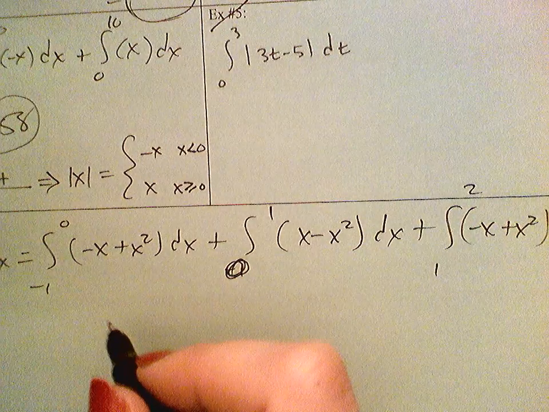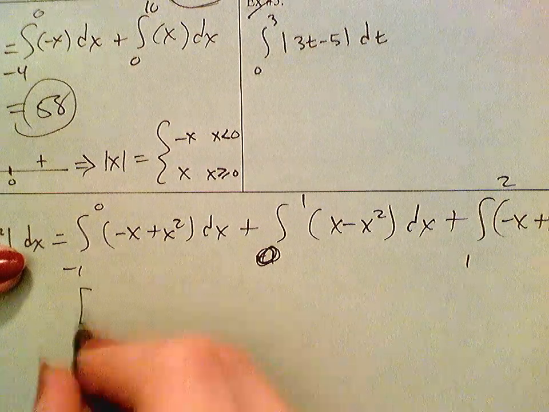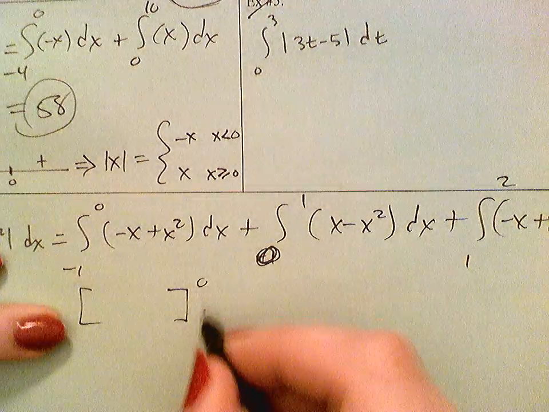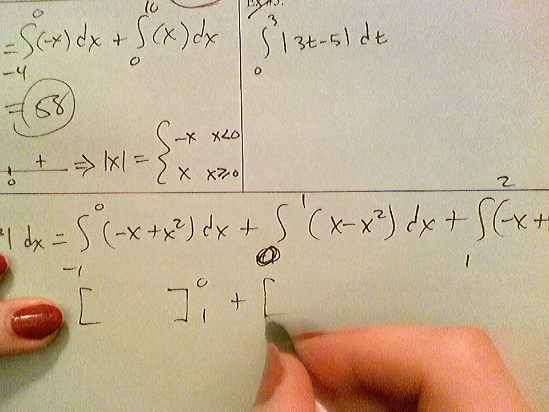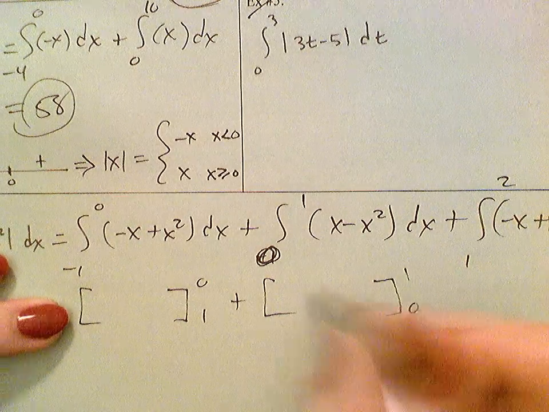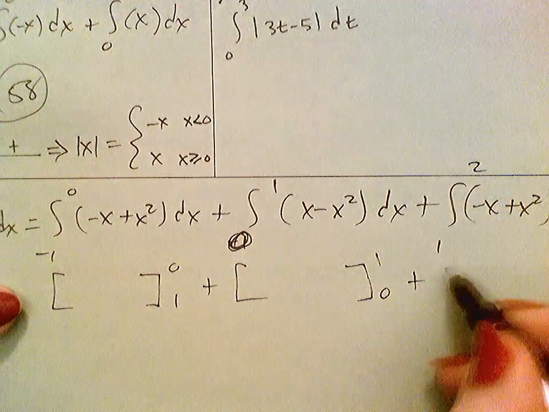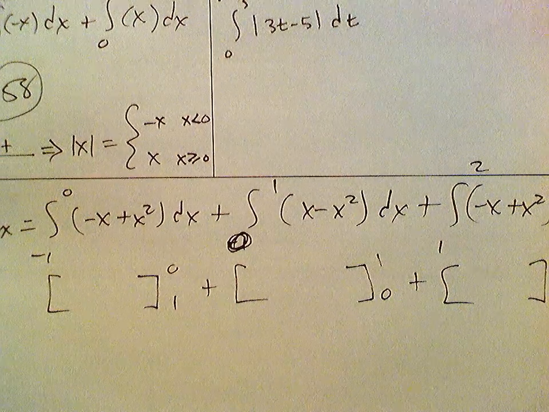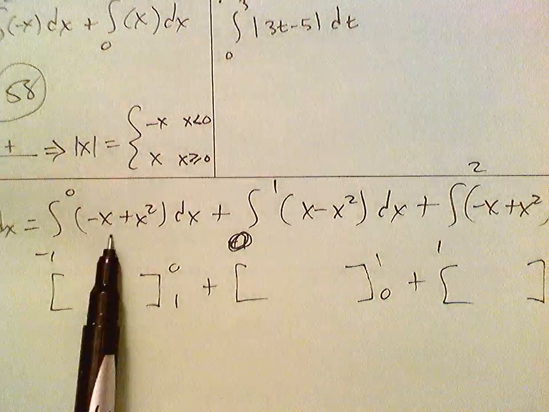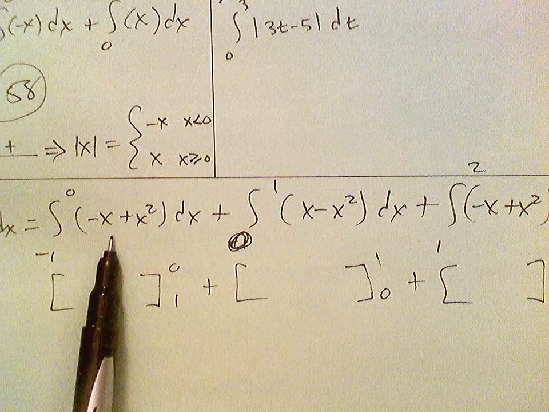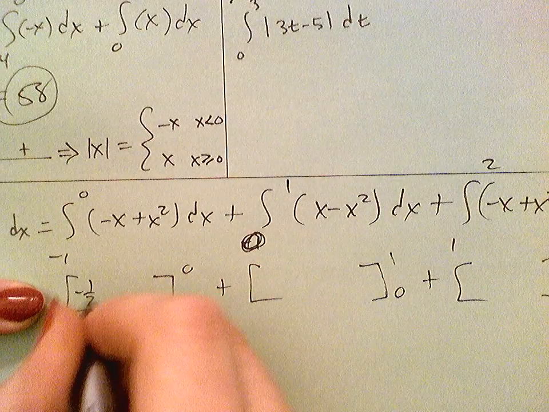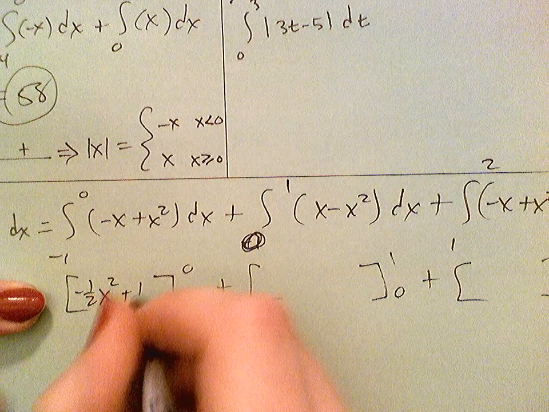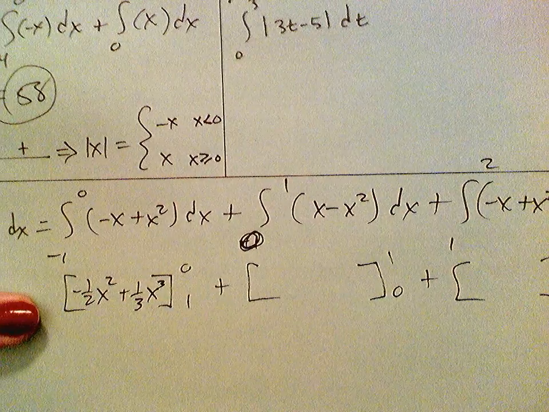So I'm going to set up brackets like this underneath each integral. And then what goes inside of the brackets is the antiderivative of the integral's input. So this is going to be negative 1/2 x squared plus 1/3 x to the third.